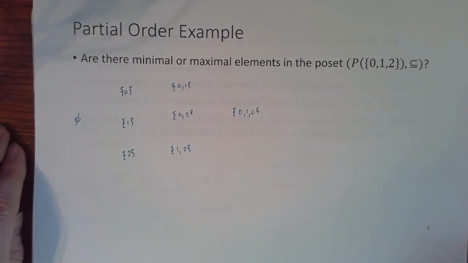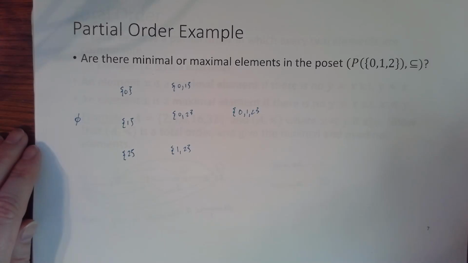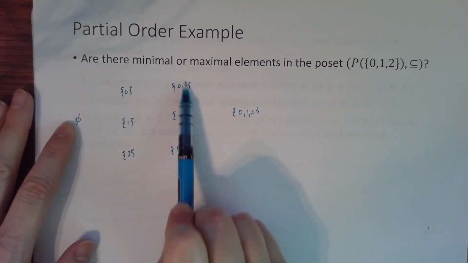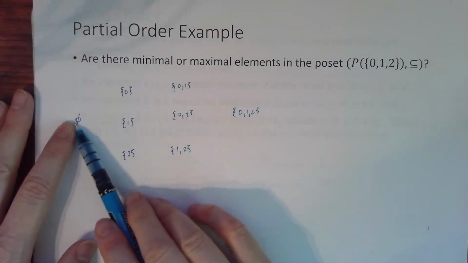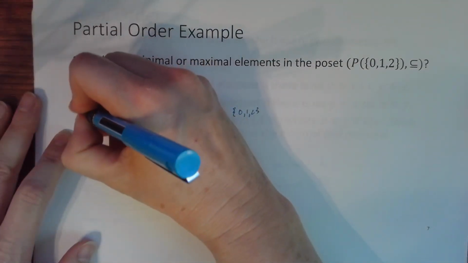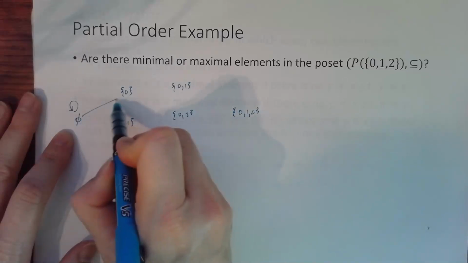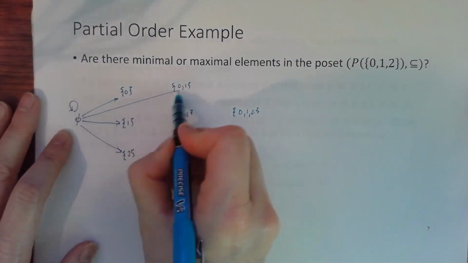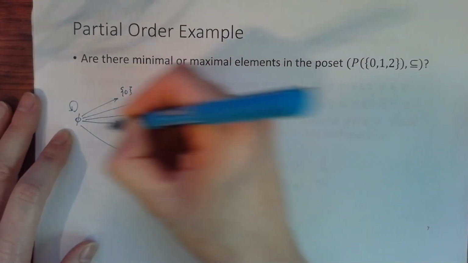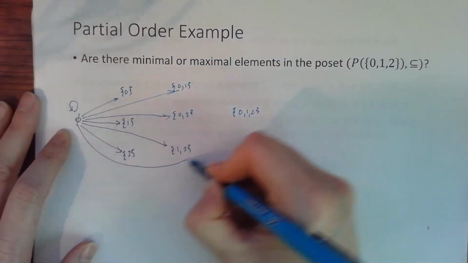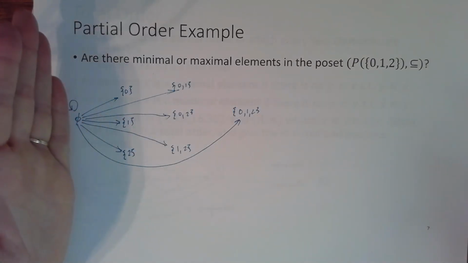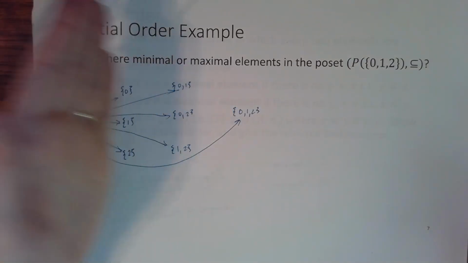Is the empty set related to each of these sets? Yes, the empty set is a subset of every set, including itself. So we already have relations between all of these sets and the empty set.